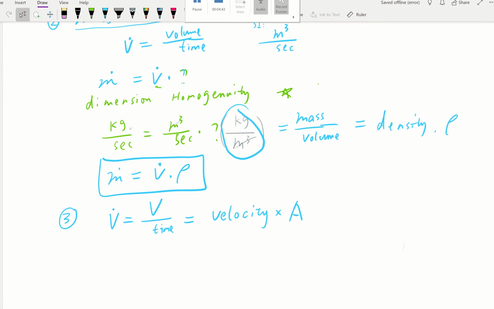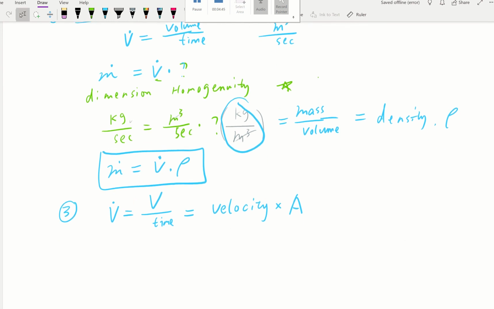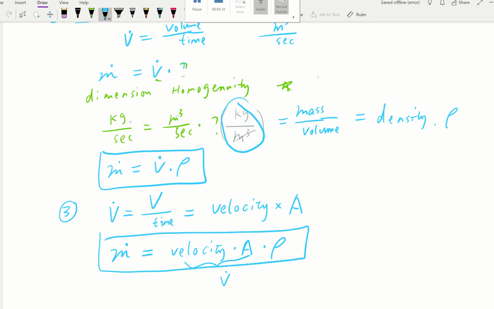So if we substitute that into this new mass flow rate equation, mass flow rate is going to be equal to velocity times cross-section area, then times density. Because velocity times area is our volume flow rate, and volume flow rate times density is our mass flow rate. So knowing that, this is going to be our new equation.